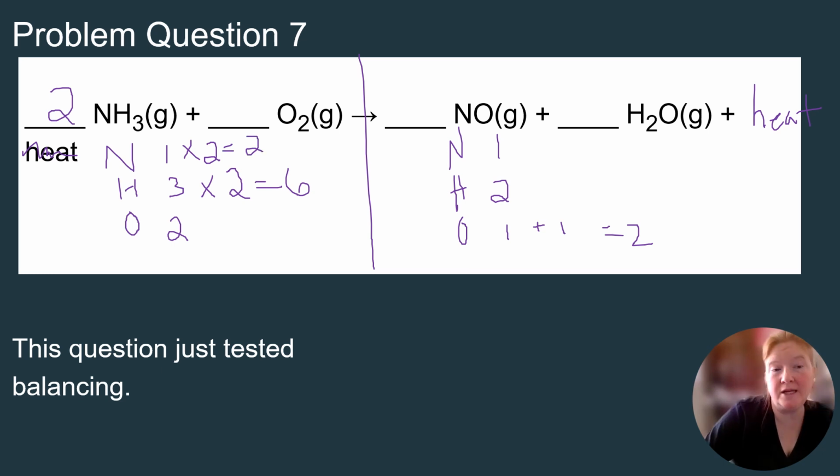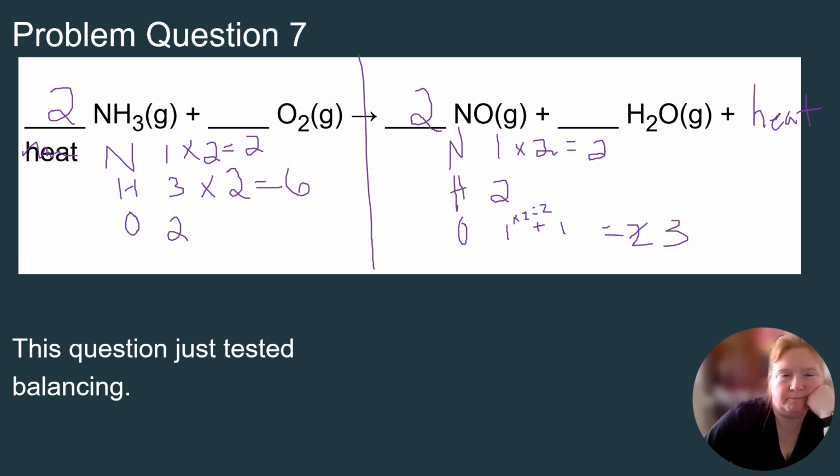So now nitrogen is wrong. Fix that. I'm going to multiply this times 2, and I get 2. That's also times 2 is 2, so that total is 3.